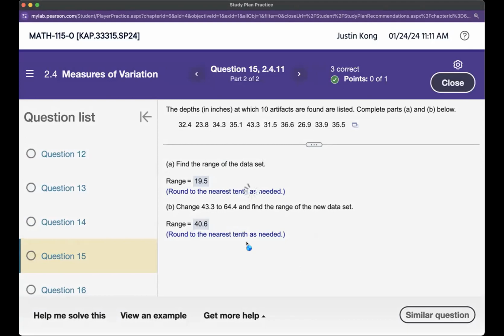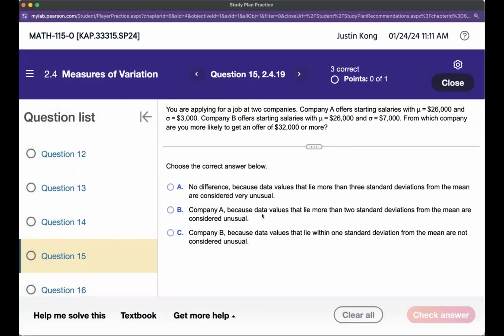All right, 15. You're applying for a job at 2 companies. Company A offers starting salaries with mu equal to 26,000 and sigma 3,000. Company B offers starting salaries with mu 26,000 as well, and sigma 7,000. Which company are you more likely to get an offer of 32,000 or more?